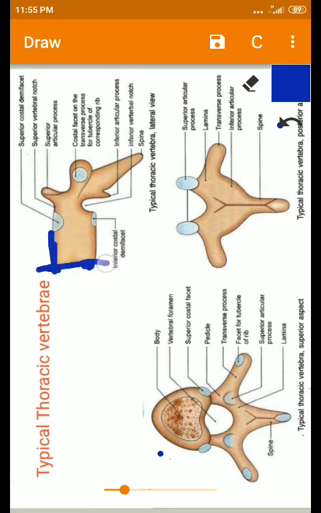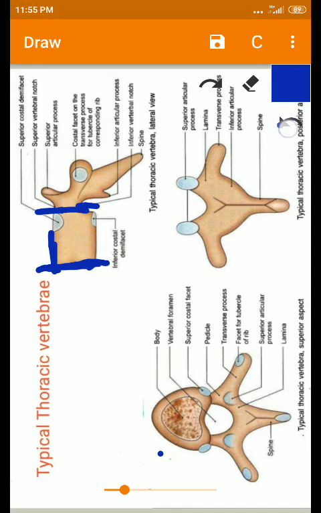On the anterior aspect and the posterior aspect of the body, some attachments are present. These attachments are mainly ligaments. On the anterior side, it is attached to the anterior longitudinal ligament. On the posterior side of the body, here, it is attached to the posterior longitudinal ligament.